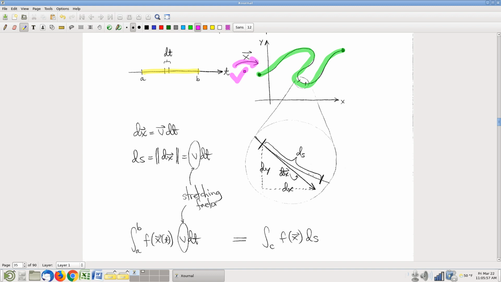I can look at an itty-bitty little piece of that curve, and ask how does that little piece of the curve as an image relate to this little piece of the domain as a pullback? So what's the relationship between that size and that size? How much does this function stretch size? What's the stretching factor?